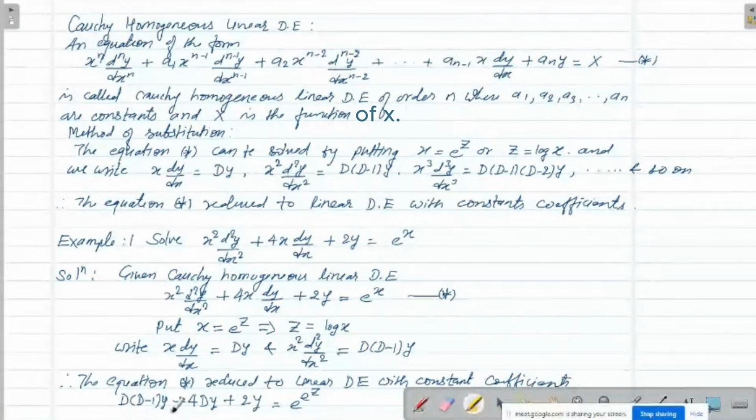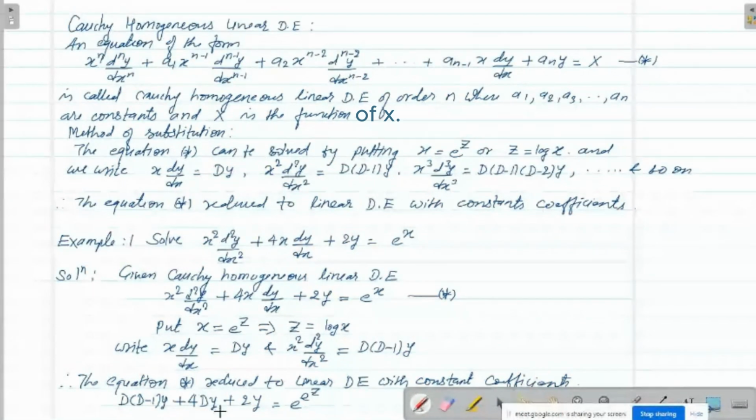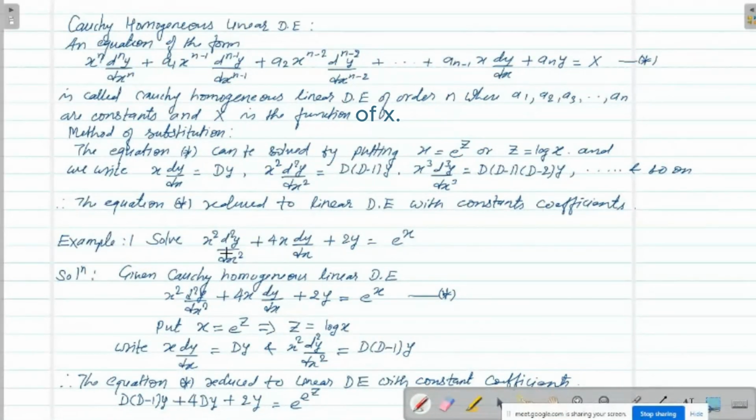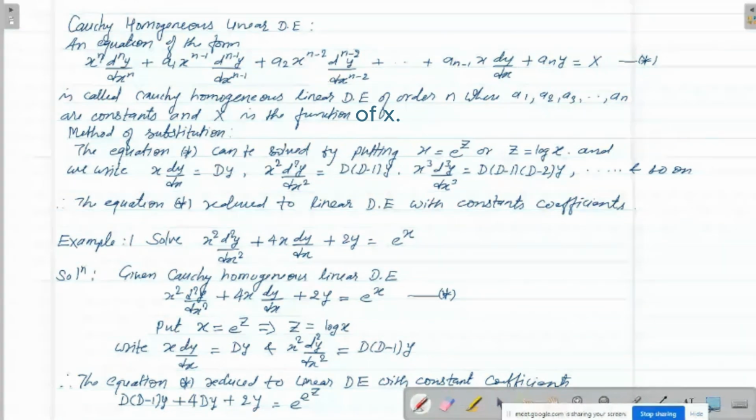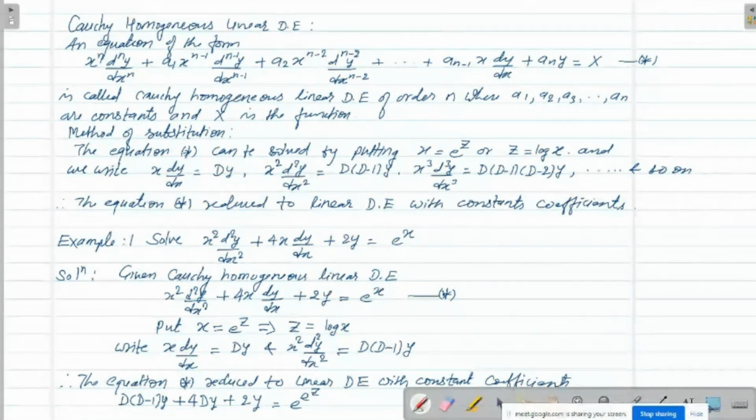Now just simplify this. Here we can observe that y is common in each term, so take y as common. So what is that here?